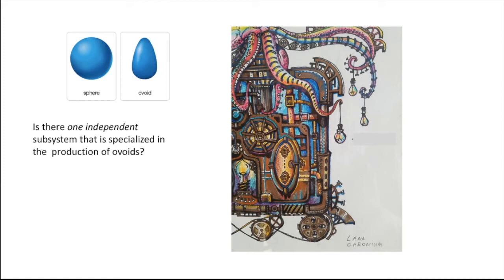So perhaps there is a component that makes surfaces, there's another component that applies colors, and there's a single component that cuts and deforms the surfaces into their final shapes. Or perhaps there are two subsystems, one devoted to spheres and the other devoted to ovoids. And that's what you want to know.